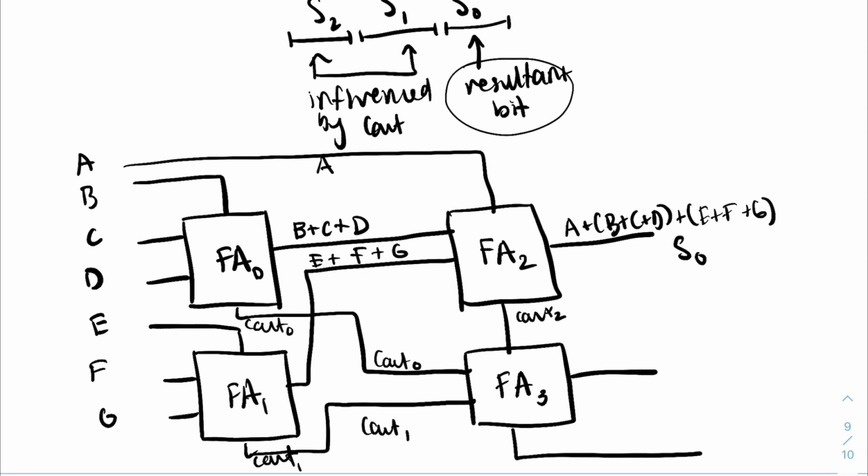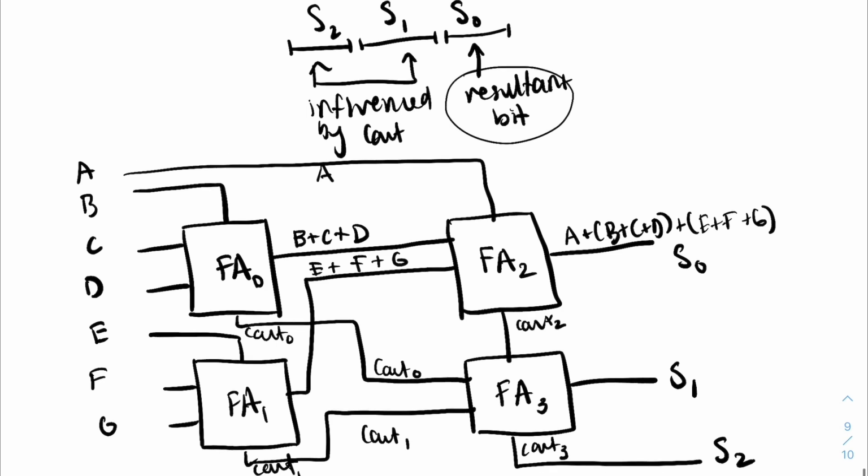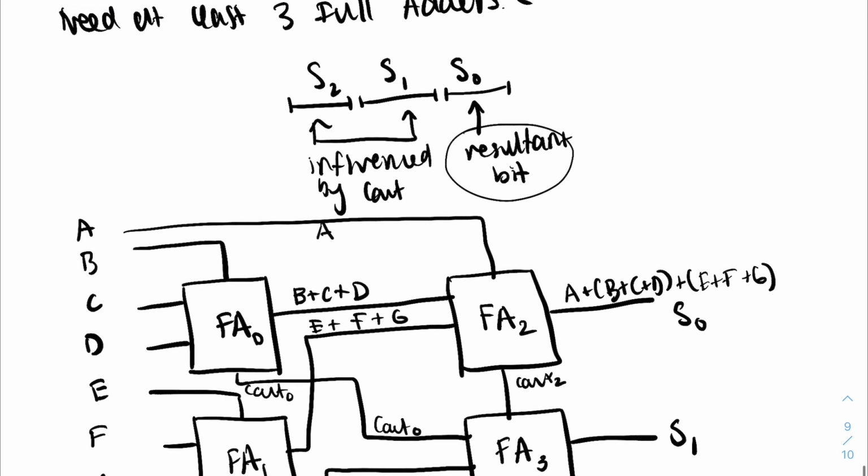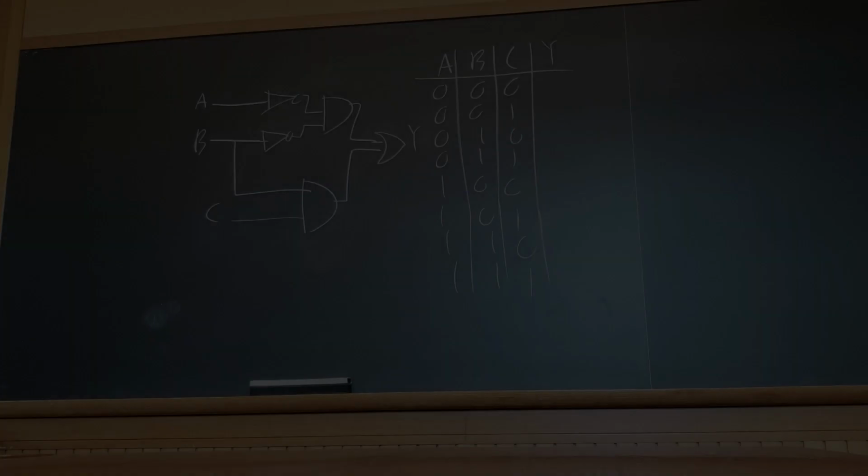That's going to be the middle bit, the middle significant bit. And then this carry here is going to be the uppermost significant bit. So I hope that explains a bit more about the intuition as to how you might go about solving this problem in a bit of a modular fashion.